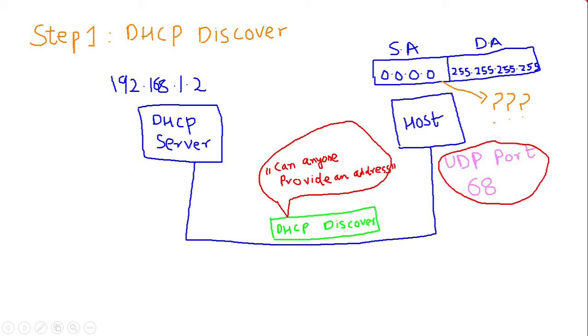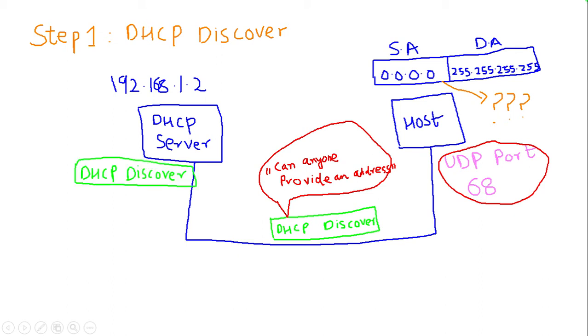The UDP port that is involved is 68. Whenever we talk about the transport layer, they have these ports, either UDP ports or TCP ports. Here, the port number involved on the host side is port number 68.